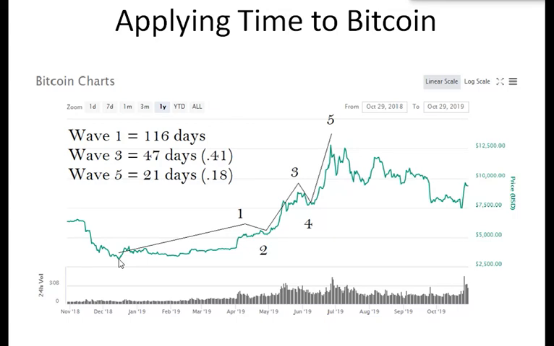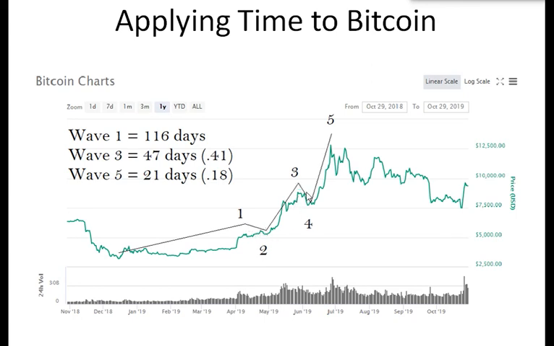It was about December 15th. And we go to wave 1, about 116 days.